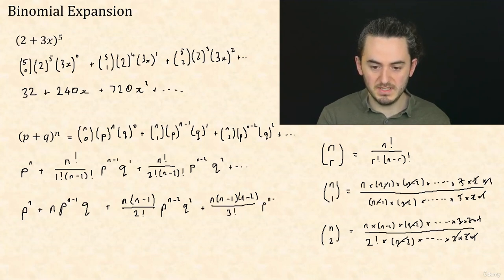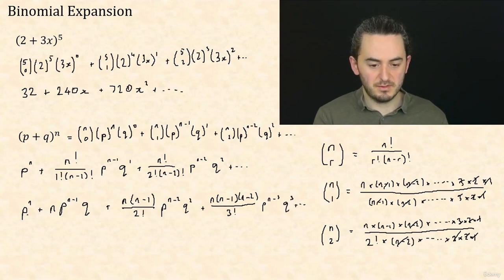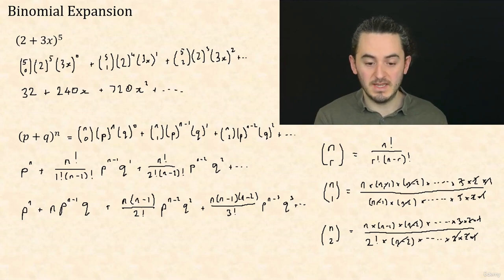And then we would have p to the n minus 3 and q cubed. So what's nice about this formula which I'm developing here is that I'm expressing all these choose functions in terms of n in such a way that it doesn't technically matter if n is a positive whole number, right? I could put any number into this formula.